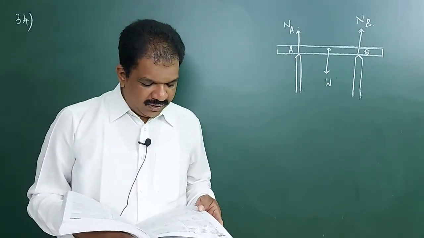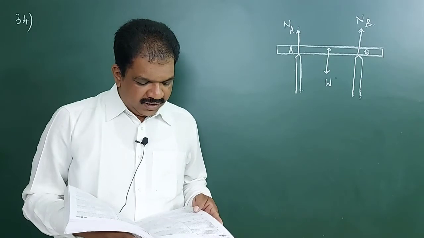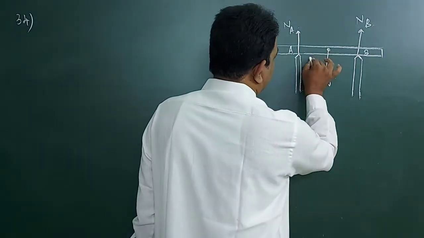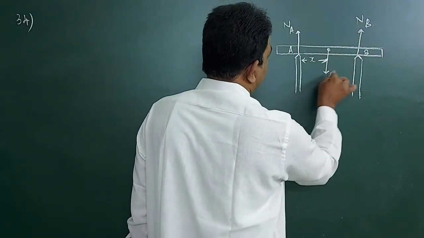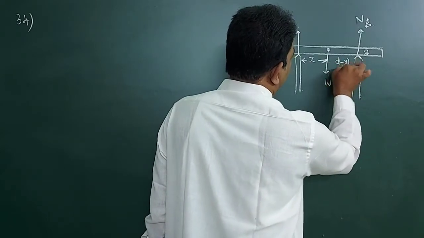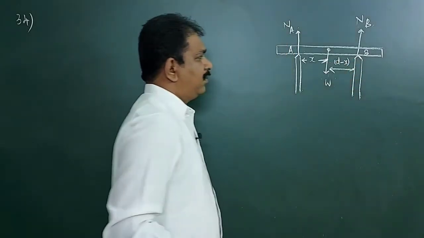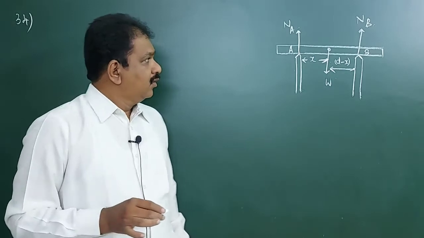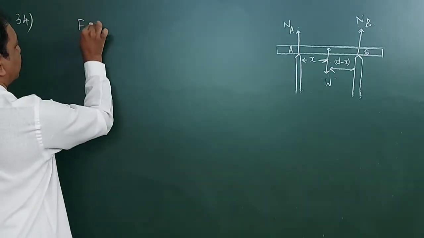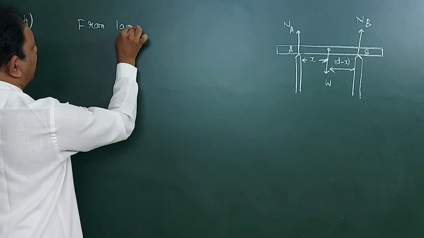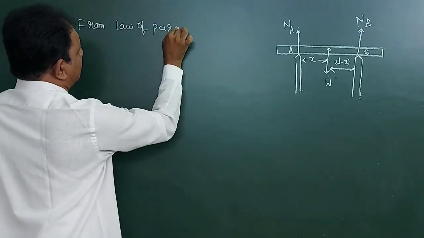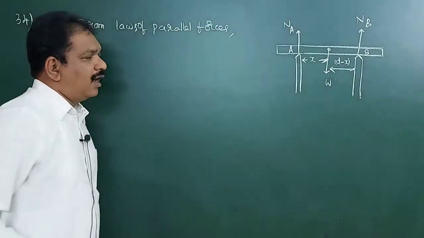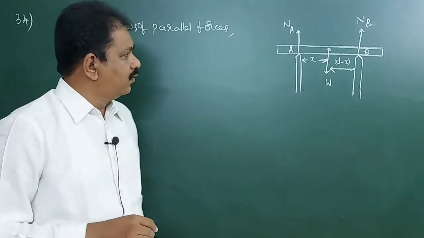And one more point they gave: the center of mass of the rod is at a distance x from A. For example, the center of mass is at this distance. So this distance value will be d minus x, because the total distance between A and B is d. From the laws of parallel forces, upward force is equal to downward force.